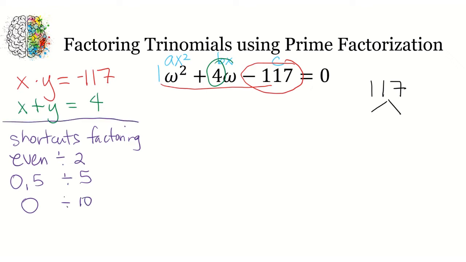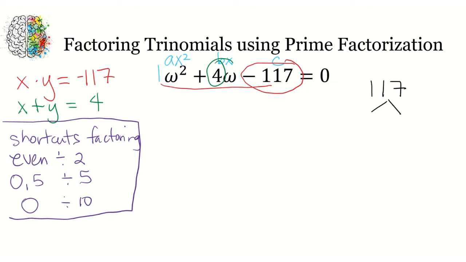That's going to really help us simplify the factoring process. So I see that this is an odd number, so it probably isn't going to be divisible by 2, so I'm not even going to bother trying to divide it by 2. I'm going to go to the next prime number, which is a 3.